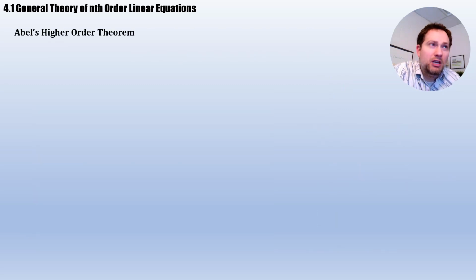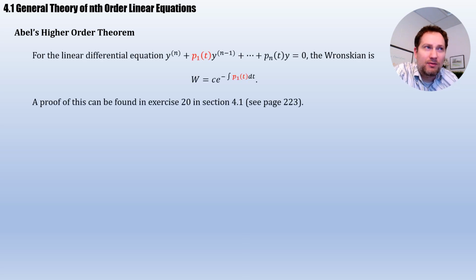In continuing with the project of generalizing various theorems from the previous second order results, we have a result for Abel's theorem that gave us the Wronskian. So we're going to see a higher order version of this, and remarkably, it ends up being exactly as simple as before.